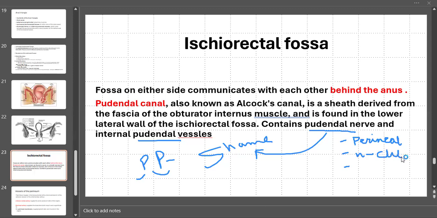Guys, I'm not the one taking the exam. You are the one taking the exam right after 4 months. And this is very basic information and I have shared this information in the study room as well. The branches of the pudendal nerve, the names are very important. Pudendal nerve is actually a very important nerve for MRCOG1.